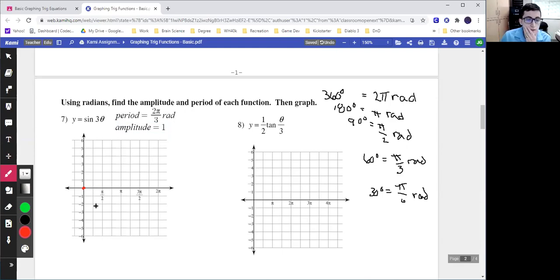Okay, if we put in pi over 2, sine of pi over 2 is 90 degrees. So 3 times that would be 3 pi over 2, or 270 degrees.